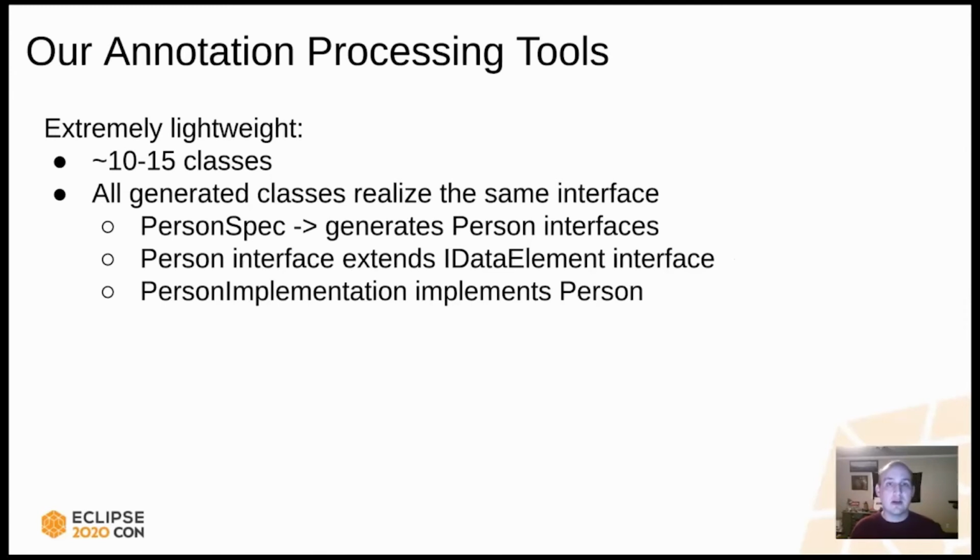The person interface extends the IDataElement interface, and that person interface is then implemented by a person implementation. This is classic, just abstract base class stuff. It's object orientation 101, but it gives us a uniform interface across all of our data elements. And so that's the basic design.